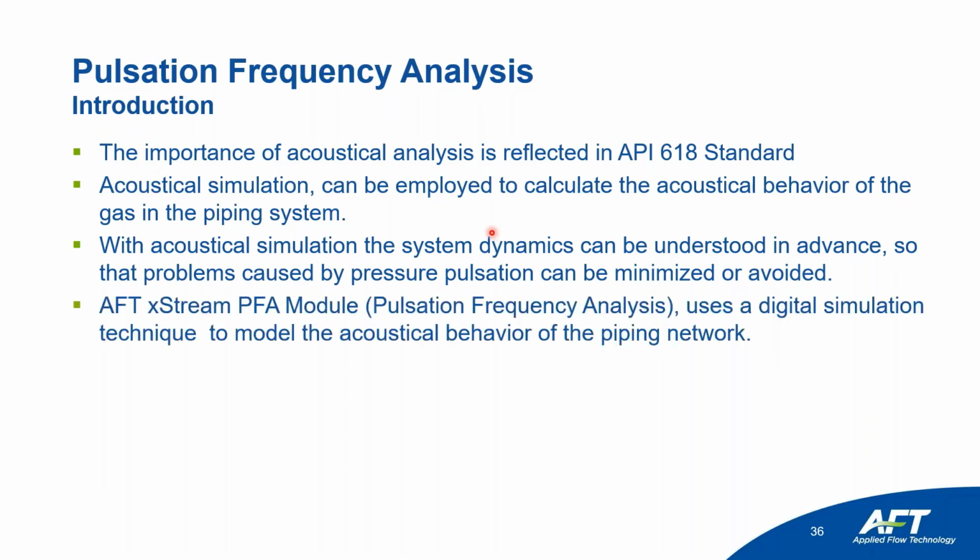The xStream PFA module, pulsation frequency analysis, uses a digital simulation technique to model the acoustical behavior of the piping system. What the PFA module does is apply what we call a digital hammer, where internally it hits the pipe and sees what acoustical natural frequencies are excited.